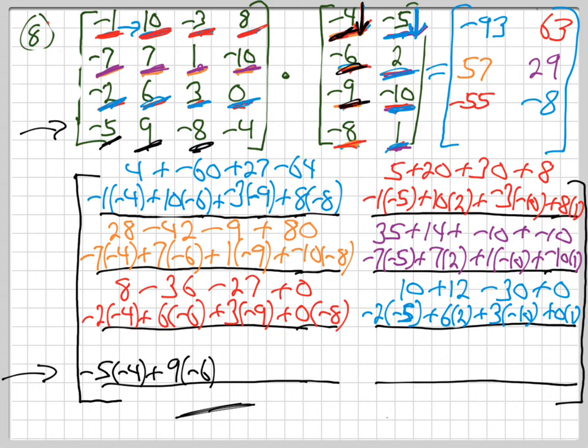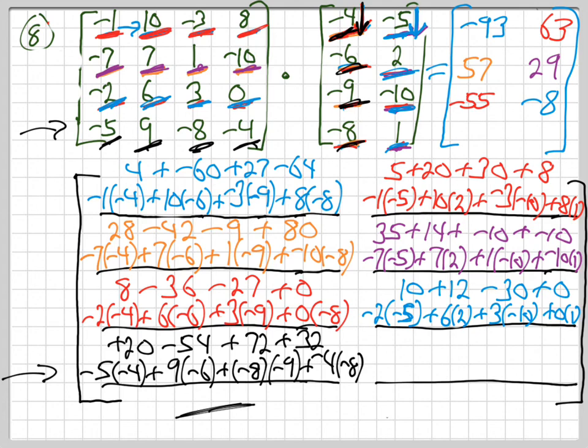Jump to the right, jump down. Plus negative 8 times negative 9. Plus, jump to the right, jump down. Negative 4 times negative 8. All right, what's that? Plus 20 minus 54 plus 72 plus 32. That comes out 70.